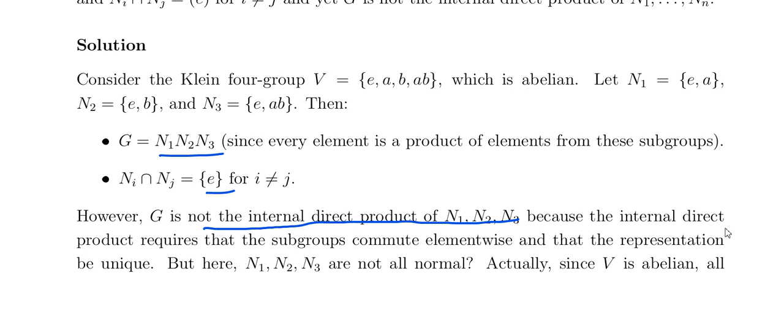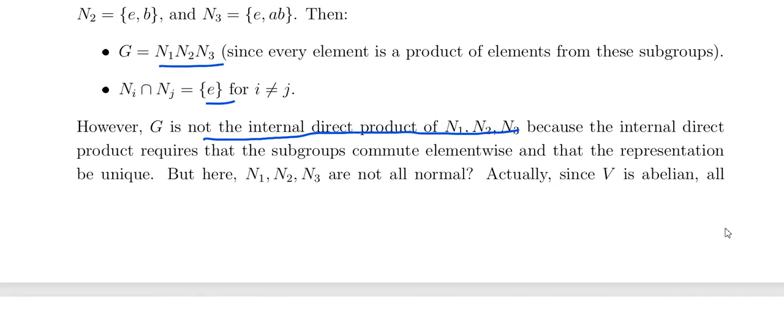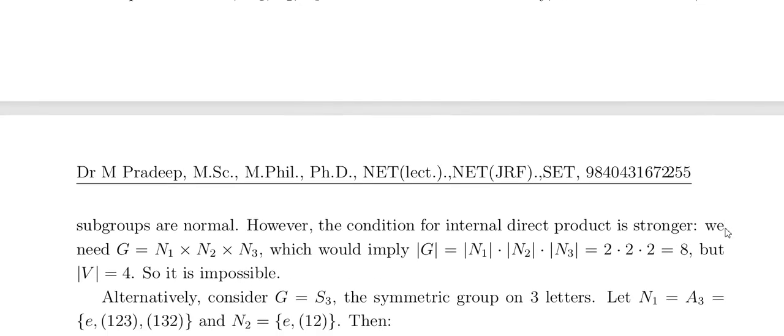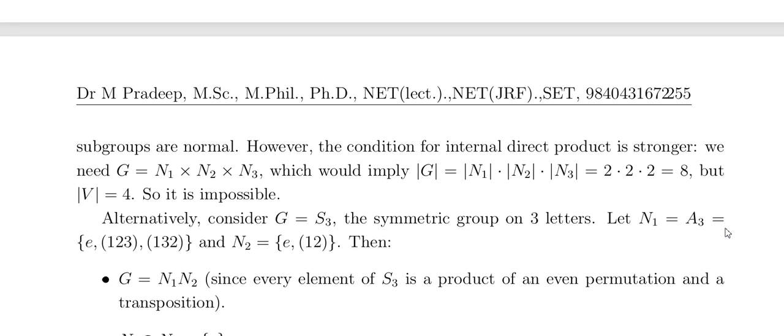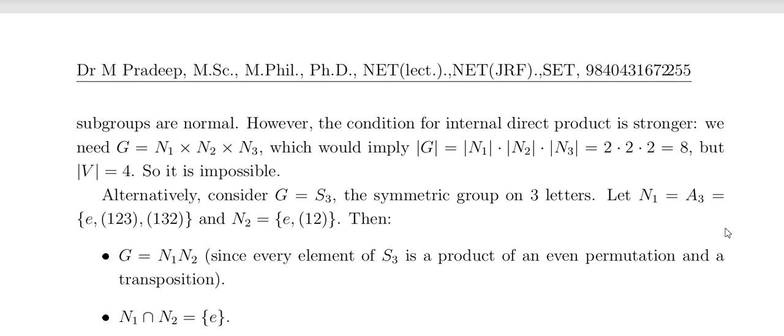Actually V is abelian, so all subgroups are normal. Therefore internal direct product is a stronger condition. We would need G equal to N1 cross N2 cross N3, which implies the order of G is equal to the order of N1 times the order of N2 times the order of N3, that is 8, but the order of V is 4.